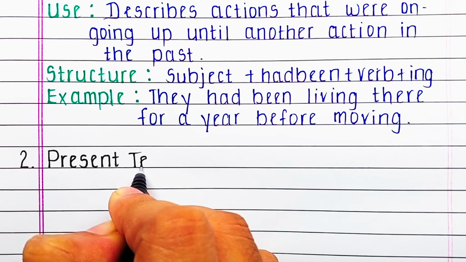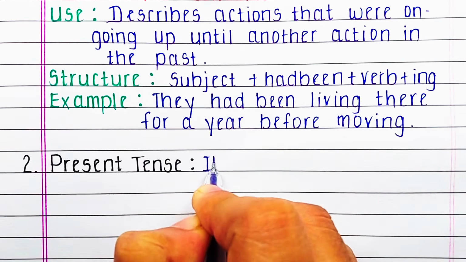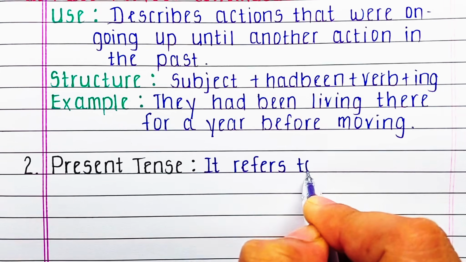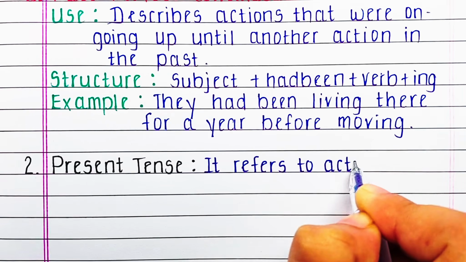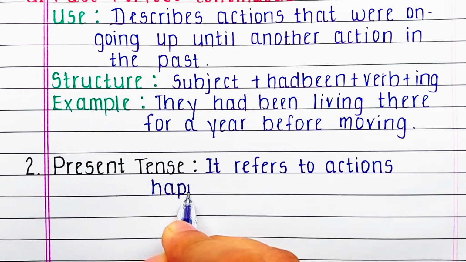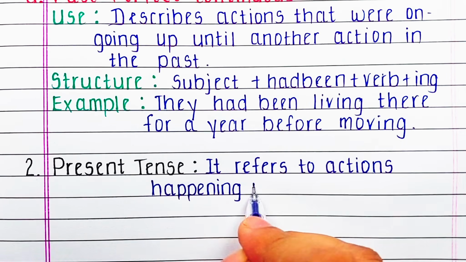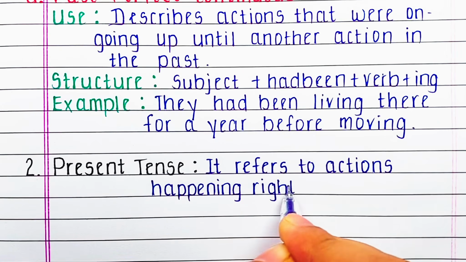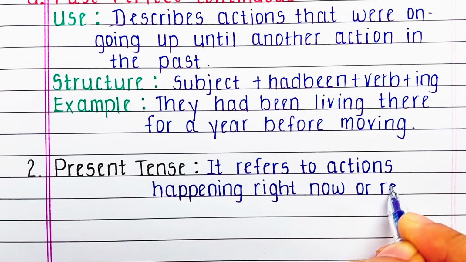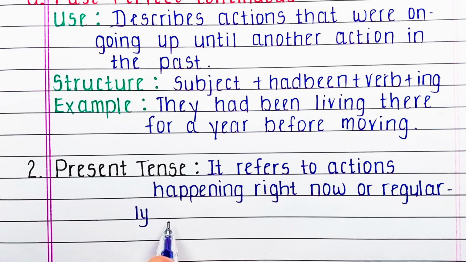Now, let's discuss the second type of tense, that is present tense. Present tense refers to actions happening right now or regularly.